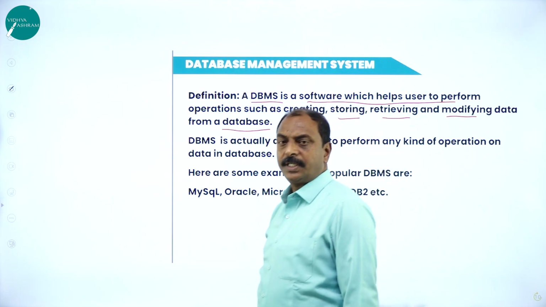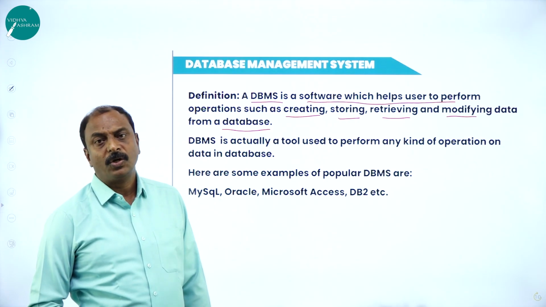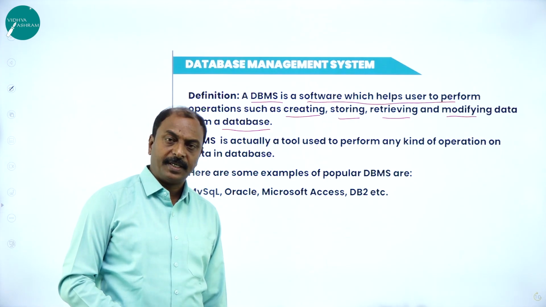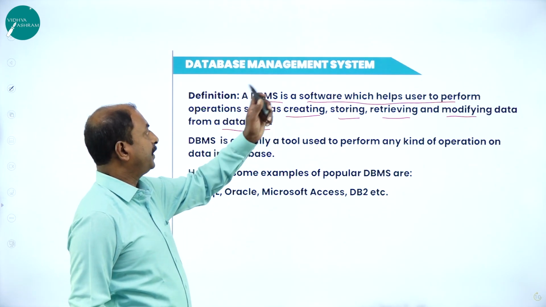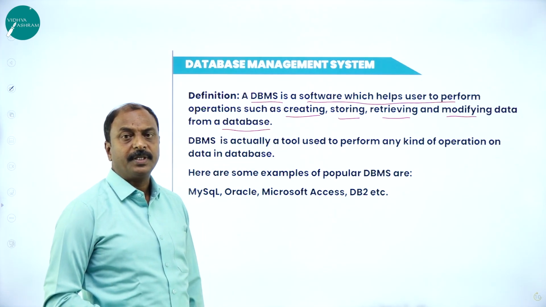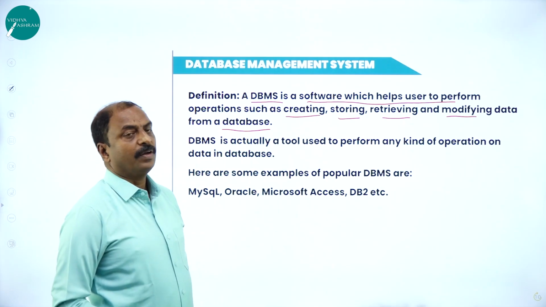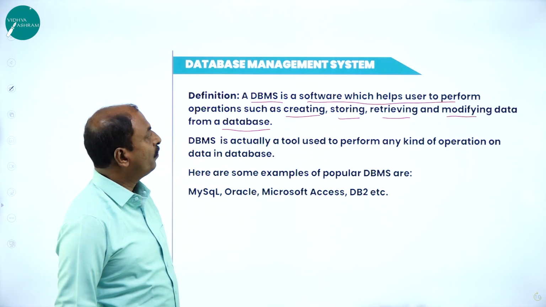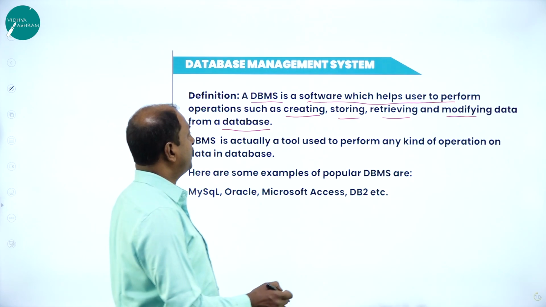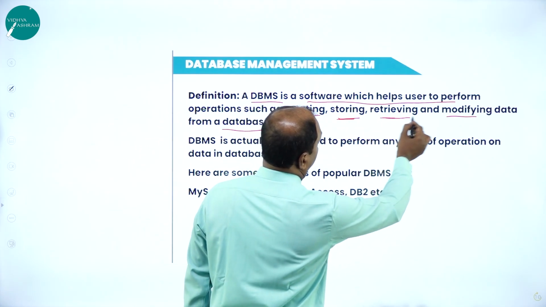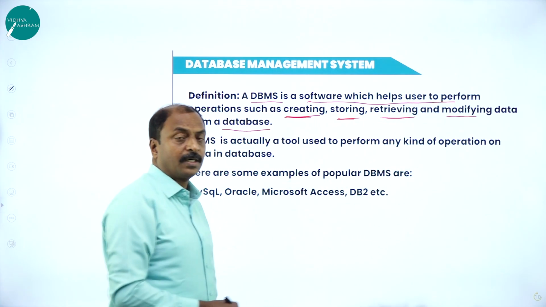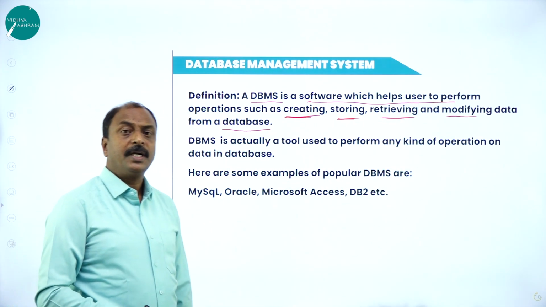A database is a collection of records, logically related data in the form of a table. A database management system is software used to work with the database for different operations. Operations can be creating, storing, retrieving and modifying the data in a database or in a table.